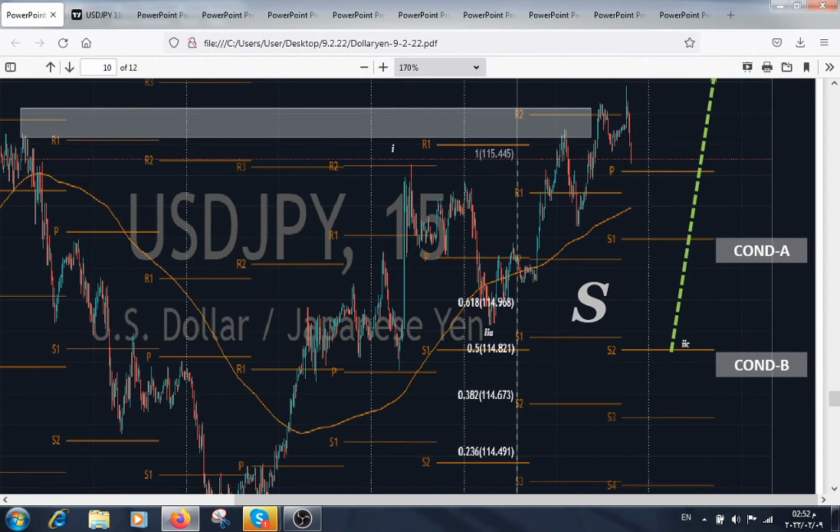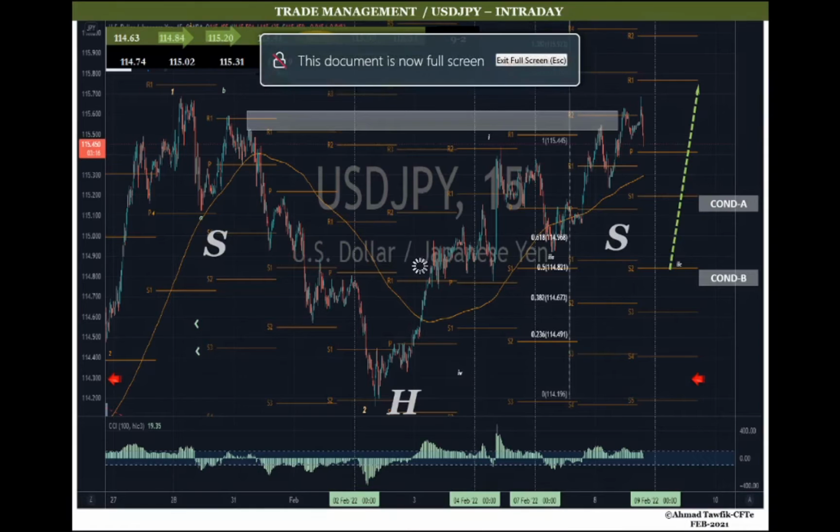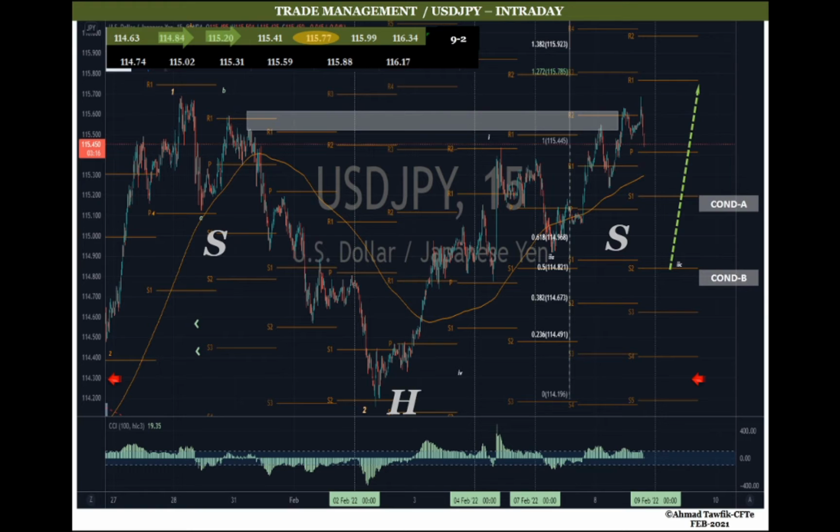So going forward today, or if you wanted to join the market, we would advise that we buy half size condition A at the pivot level. We would buy half size condition B at S1. Over here we're showing we're being a bit conservative. We would buy condition A at that support level, S1, and condition B half size at S2.